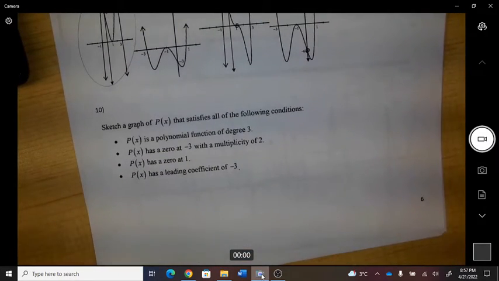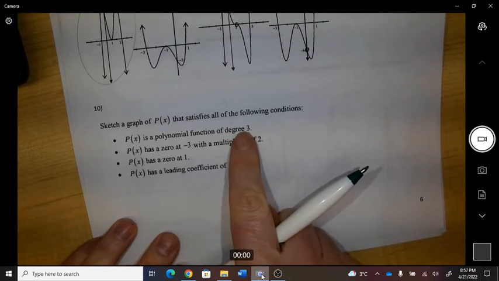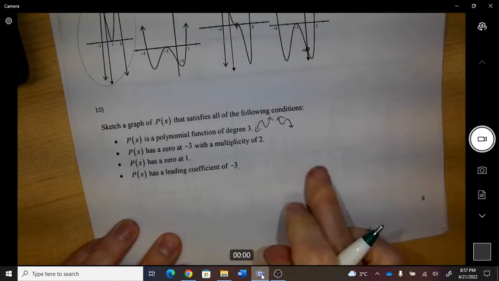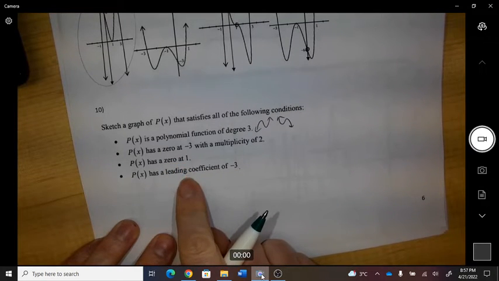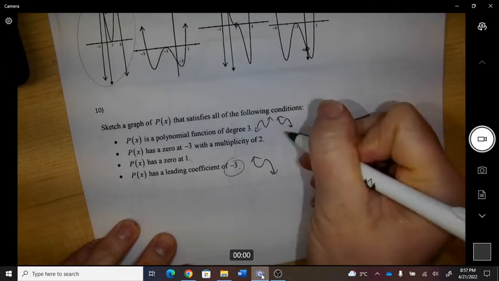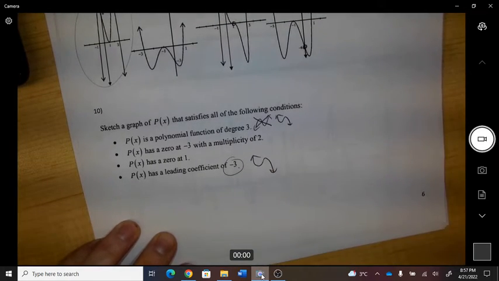Sketch a graph that satisfies this. It's a polynomial of degree 3, so right now it has a leading coefficient of -3. So we already know it's that type.